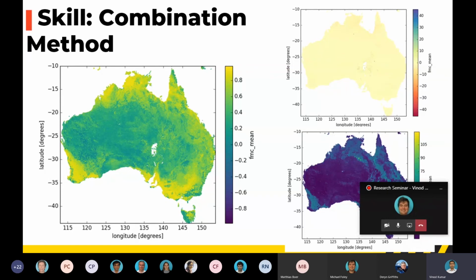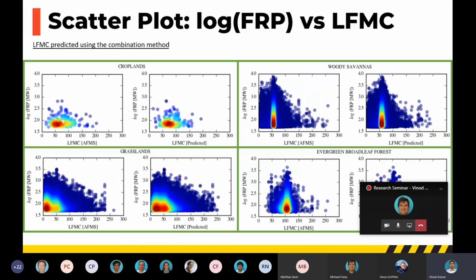Comparing it against the fire radiative power data, the live fuel moisture content data from the AFMS and the predicted live fuel moisture content data have a similar kind of distribution across different land use classifications.